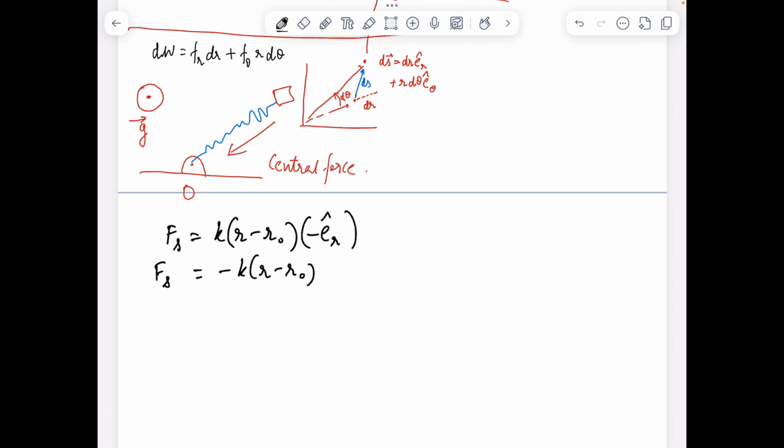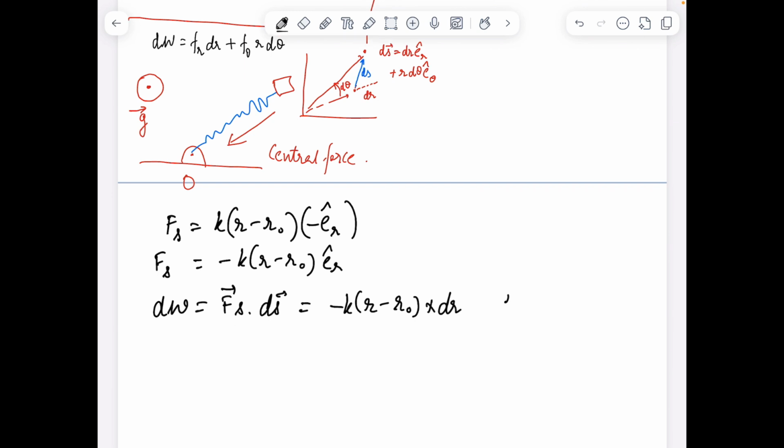To get the work, dW is equal to Fs dot ds. This would be minus K (R minus R naught) times dr, because of course e_r cap dot e_theta cap is equal to 0.